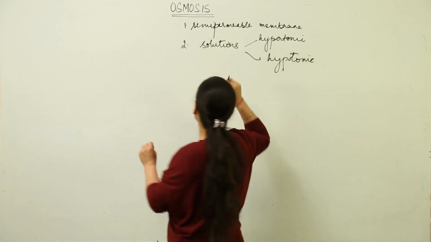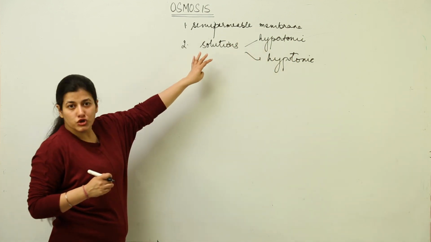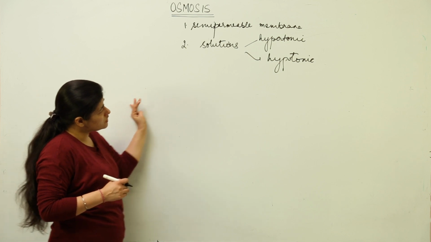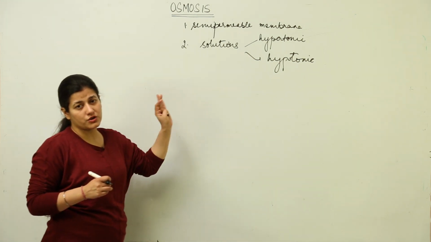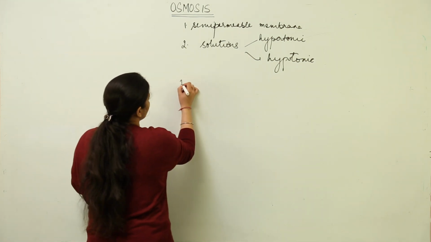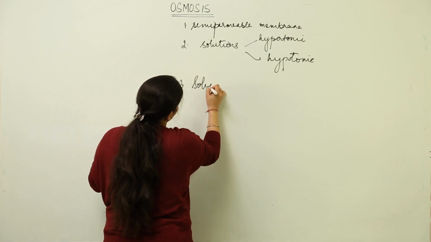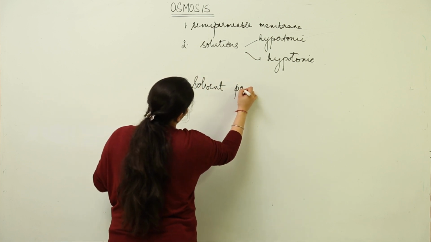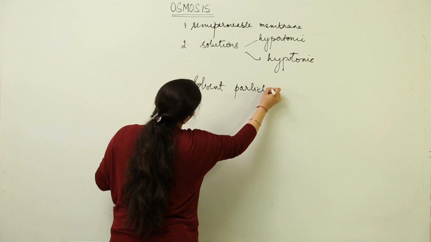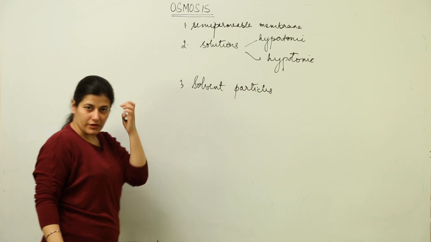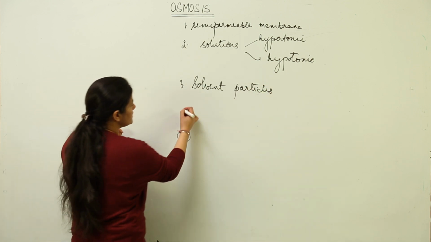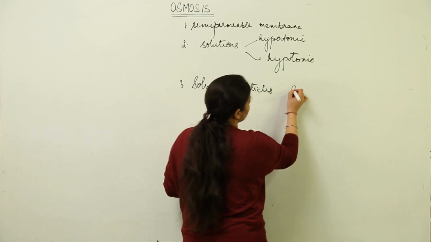So we have the semi-permeable membrane, we have the solutions, and the solutions show the movement of solvent particles or molecules which move across the membrane. And the last thing is solvent particles diffusion.